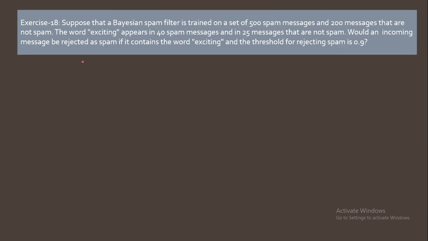In this question, it is said that suppose a Bayesian spam filter is trained on a set of 500 spam messages and 200 messages that are not spam. So there are total 700 messages. Out of that, 500 are spam and 200 are not spam, right? Let's assume S is the event that the message is spam, so probability of S equals 500 by 700, right?